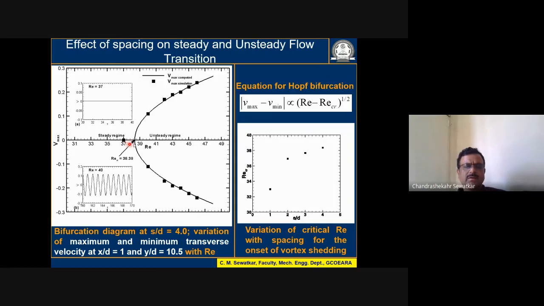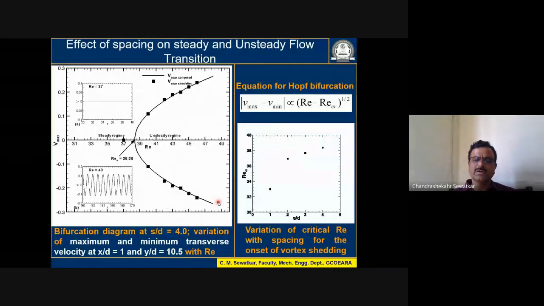But at a certain Reynolds number, the rate of vorticity generation passes such a limit that diffusion is no more capable of transporting the vorticity, and thus convection sets in, and that convection causes the vortex shedding. That's the physical thought which we provided to this bifurcation analysis.